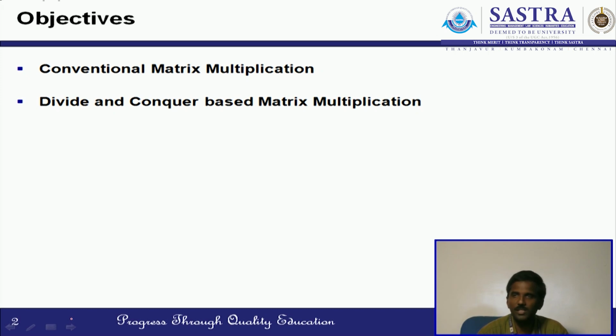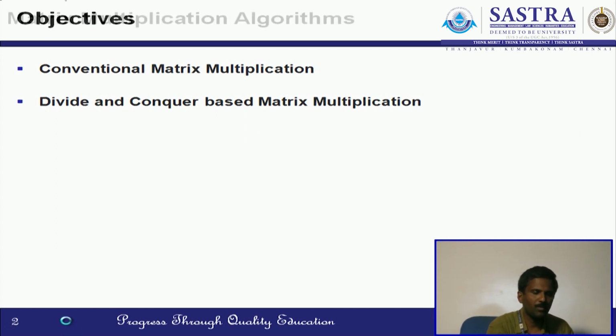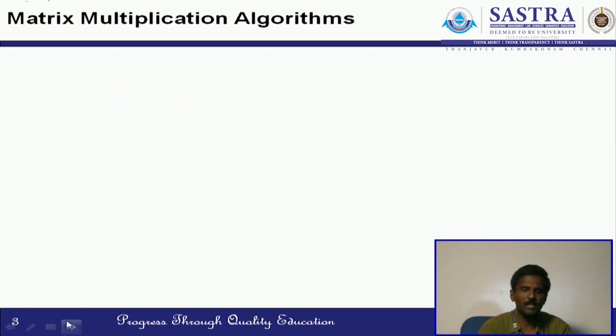So, in this session, we focus on two things: how to find the product of two matrices with recursion and without recursion. First, let us explore how to find the product of two matrices without recursion, that is, by applying the conventional matrix multiplication method.